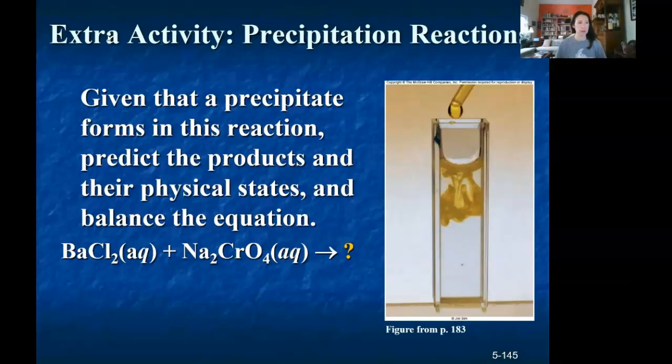I'm seeing a few already in the chat. Do you need more time or are we good with this one? Good? Okay. So I'm just going to rewrite this. Double displacement.